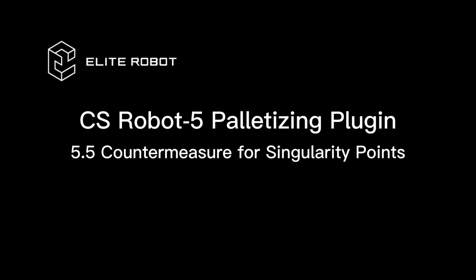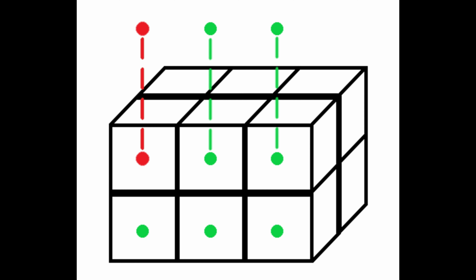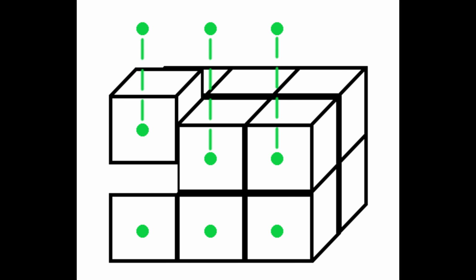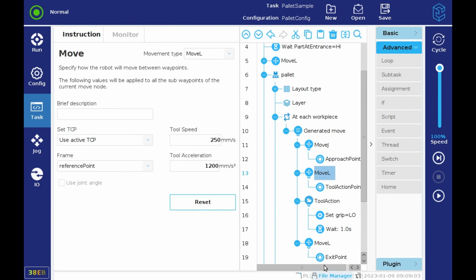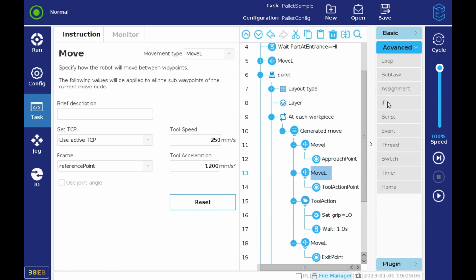Section 5. Countermeasure for singularity points. For applications with a large amount of workpieces, some of the waypoints generated by the plugin might be near the singularity points of the robot. The general solution is to make the robot handle these workpieces with unique waypoints instead of generated waypoints. Assume this task will cause the robot to enter a singularity point when handling the 9th object.